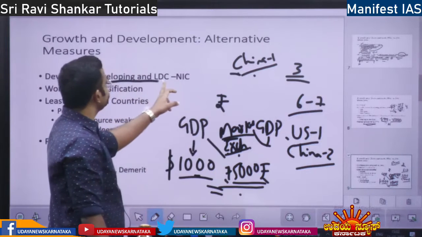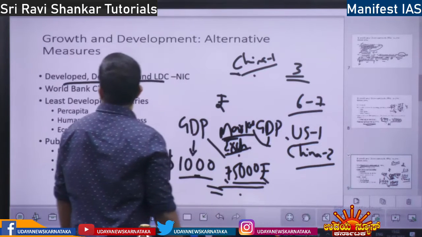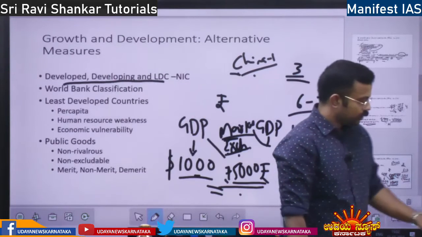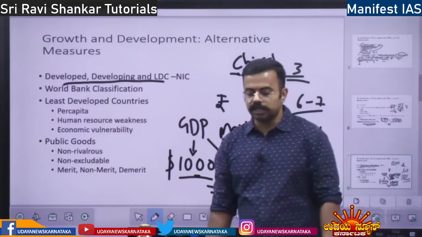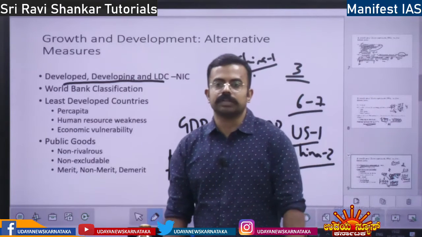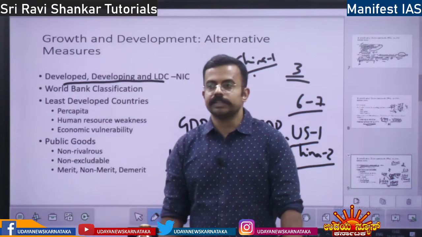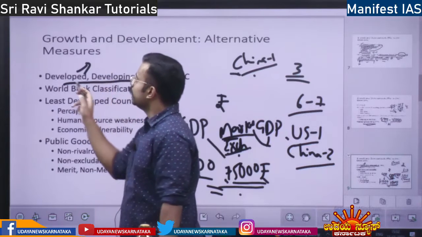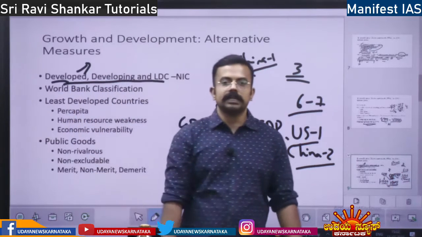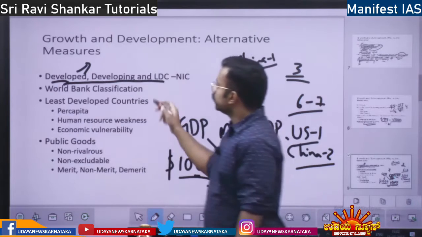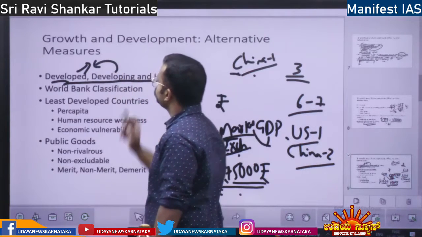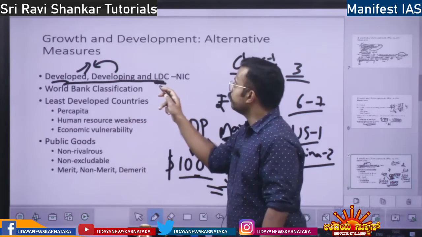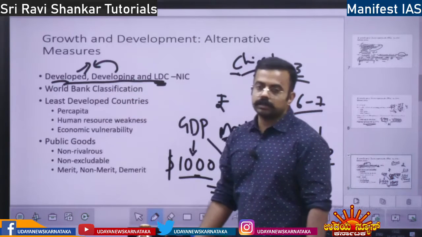Next, we have developed, developing and least developed countries. Developed countries means it has all the facilities: health, education, industry, service sector, everything has grown properly. Then we call that a developed country. Developing means moving from a least developed country to a developed country.